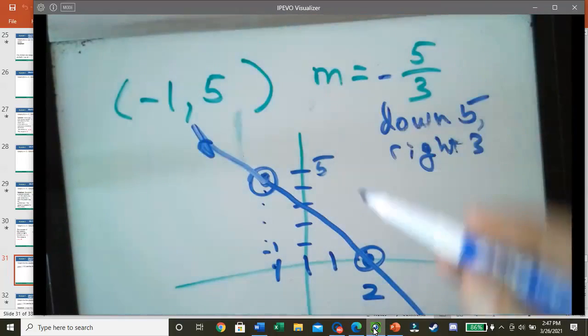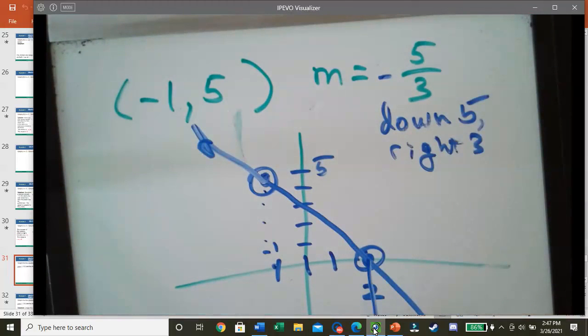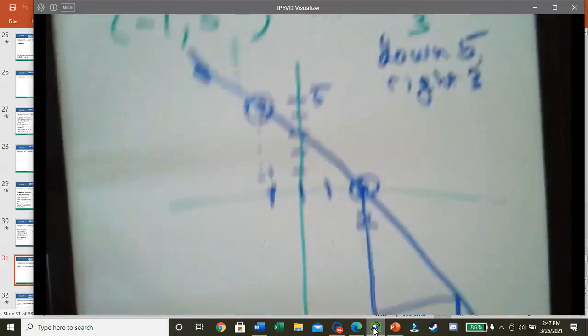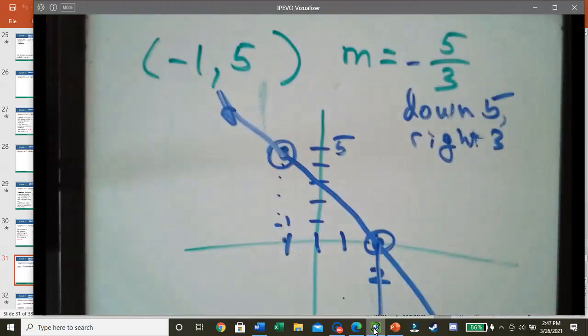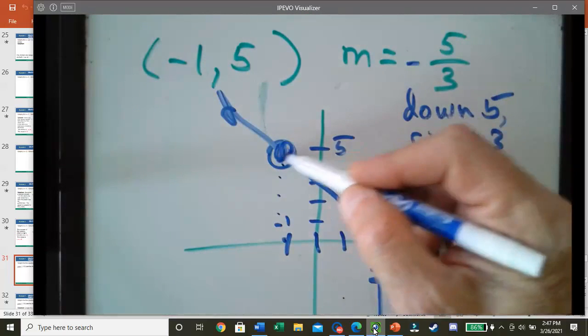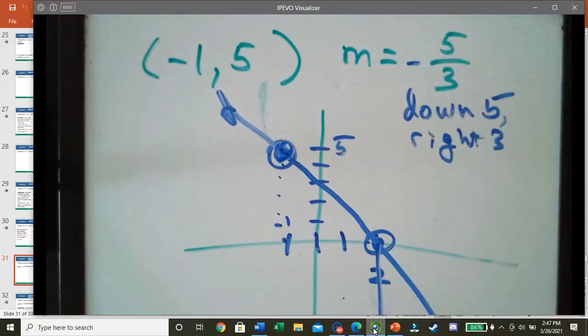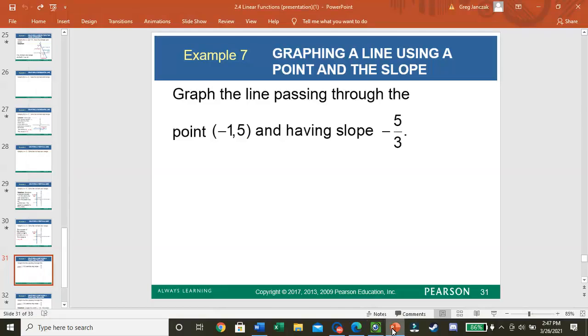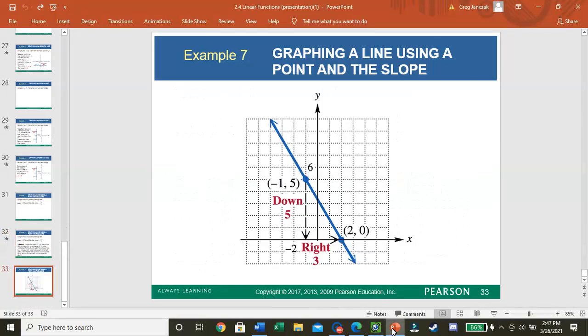So that slope forever is going to go down 5, right 3, down 5, right 3, forever. That's why we can start at this point right here. We don't need to start at the y-intercept. We can use any point. It's just that when we're given an equation, we use the y-intercept as that first point. Okay? All right. Questions there? All righty.